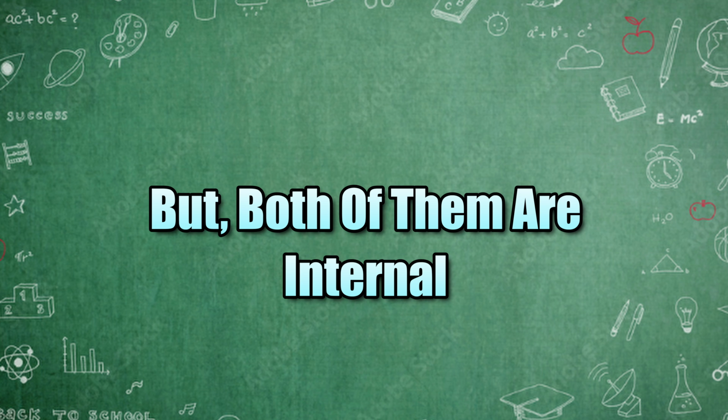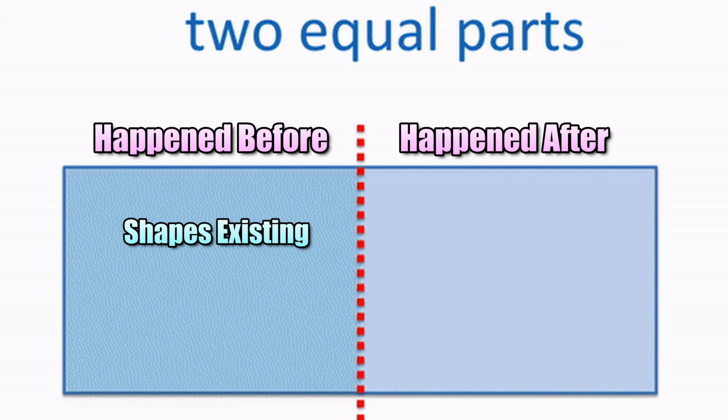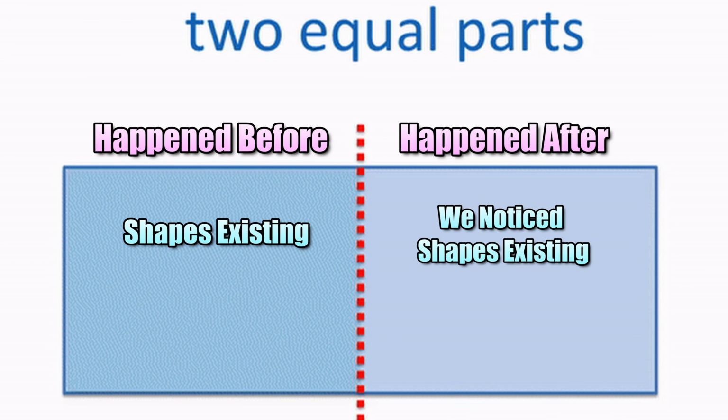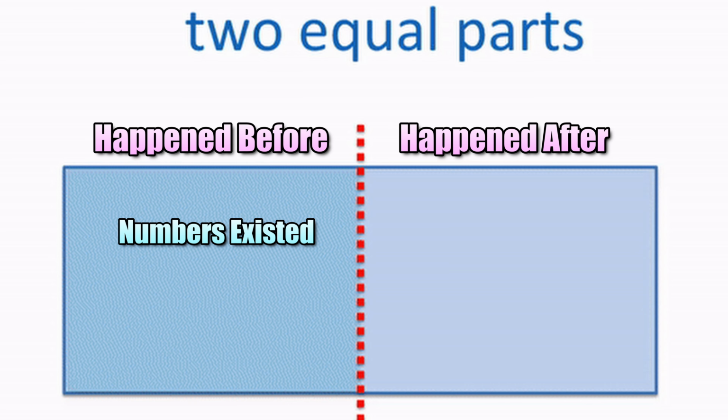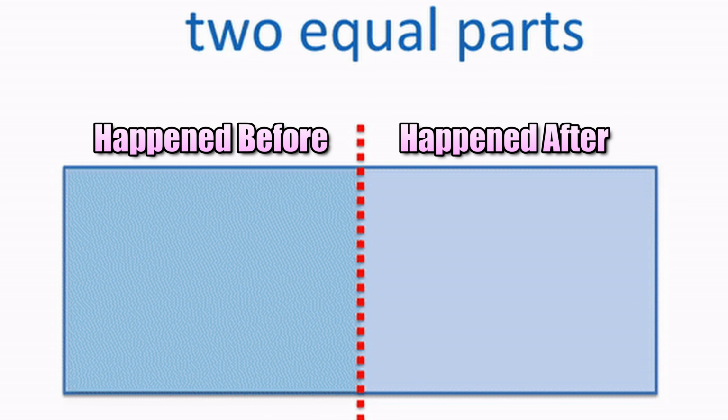But both of them were internal structures first. Shapes existed before we were interpreting the world with shapes. Okay? Numbers, or numerical value, existed before we conceptualized numbers as an external thing that we count. Like there were 9 horses in the paddock before anyone was counting what 9 meant. You see what I'm saying?